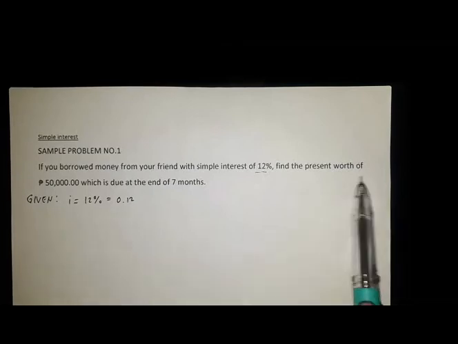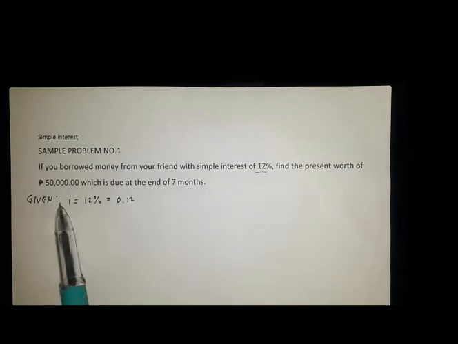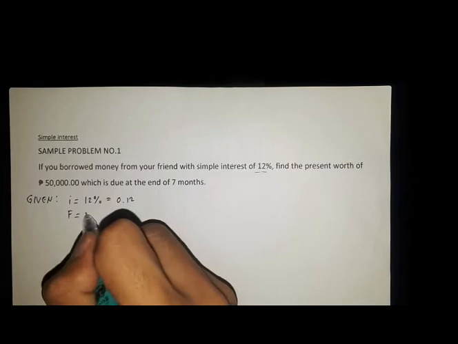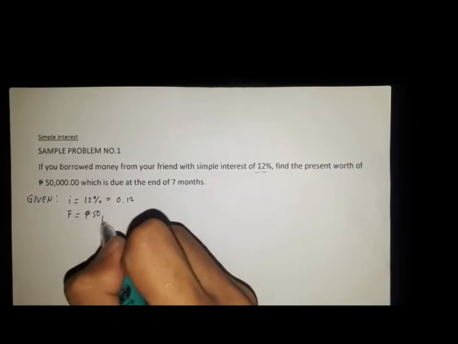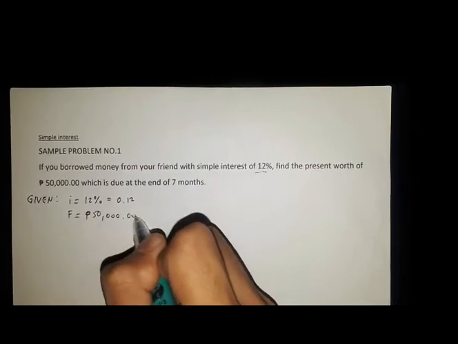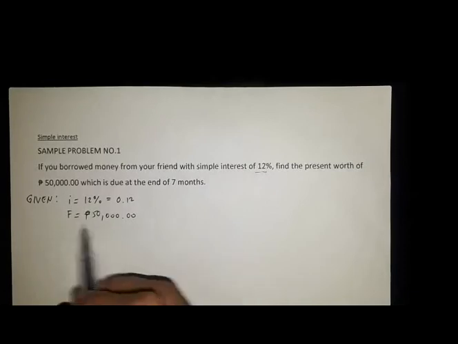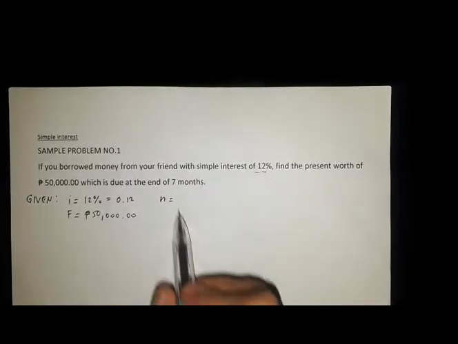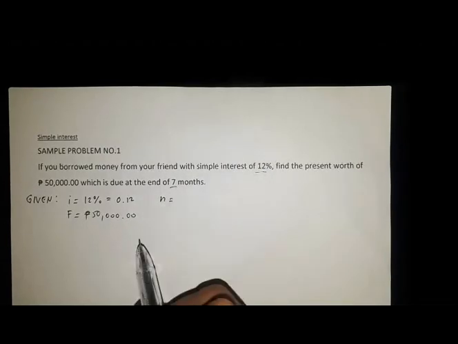Then, find the present worth of 50,000 which is due at the end of n months. So at the end of 7 months, the due amount is 50,000. Therefore, we have F equals 50,000 pesos, and our n is 7 months.